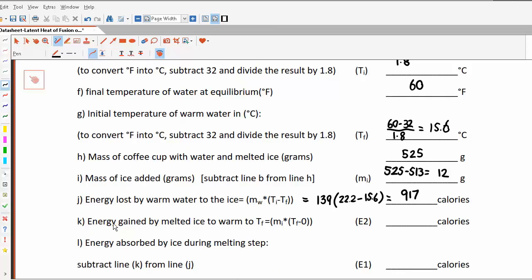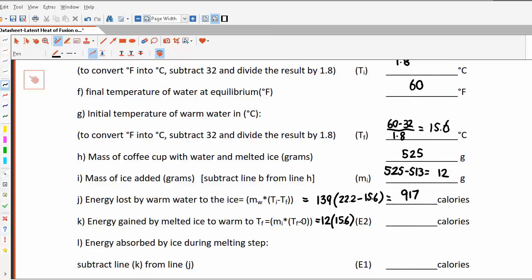Now let's calculate the energy gained by the melted ice to warm to the final temperature. This is the quantity E2 in the diagram that we just discussed. So that's equal to the mass of the ice, which was 12 grams, multiplied by the final temperature, which was 15.6.